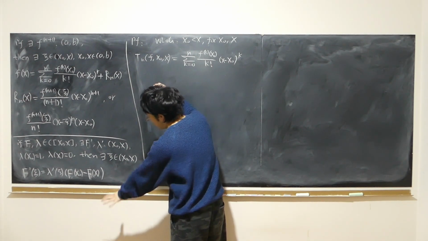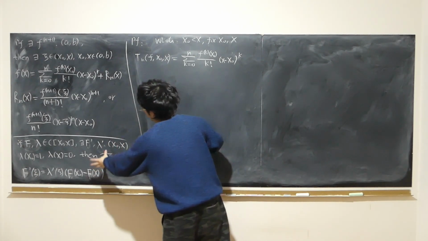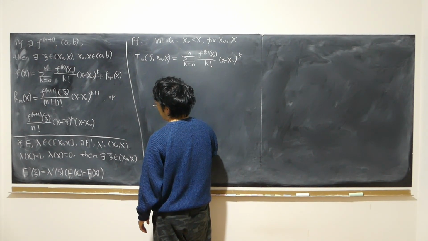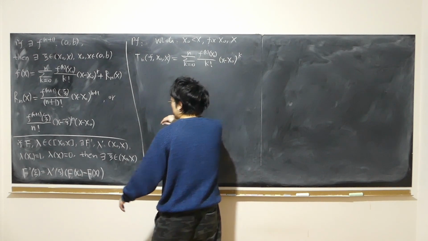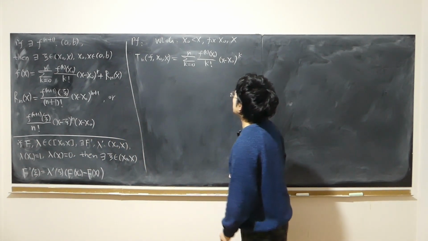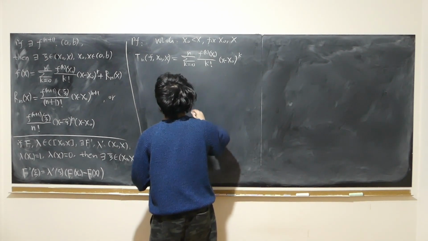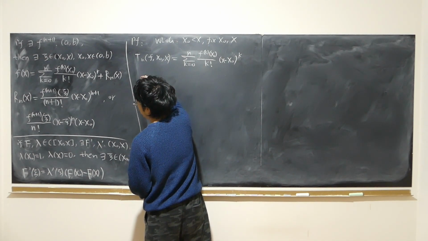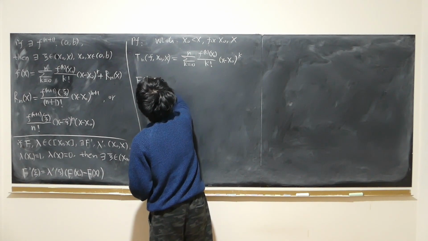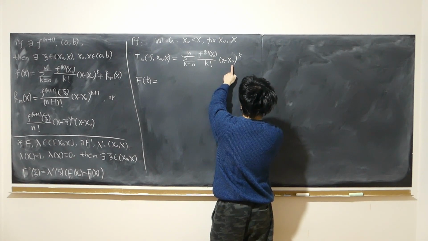So the next job for me is to construct an appropriate lambda of t, and also, of course, an appropriate capital F. That's the most difficult part. So my capital F of t, the way I want to construct it, is simply replacing x naught with t.